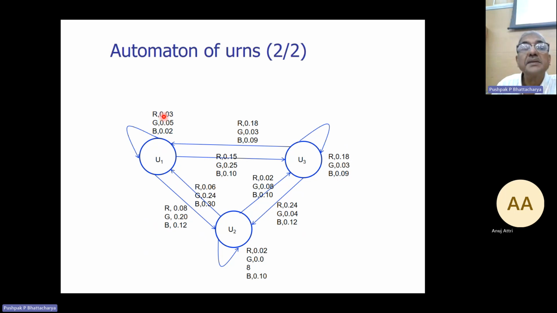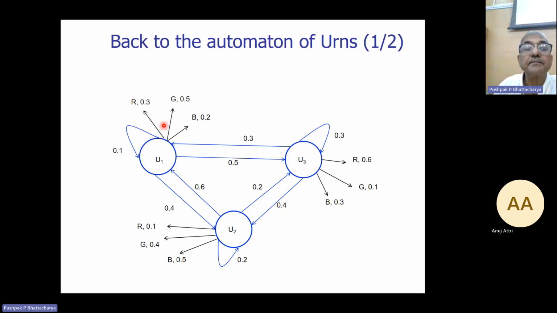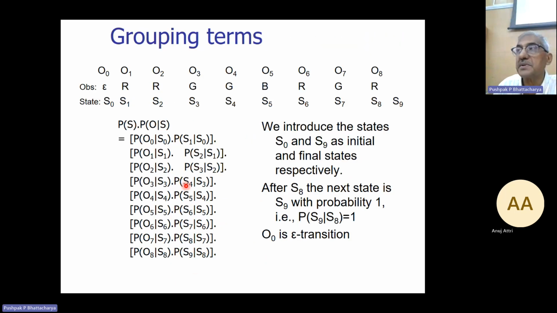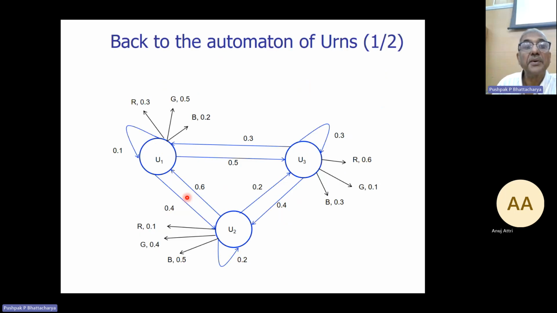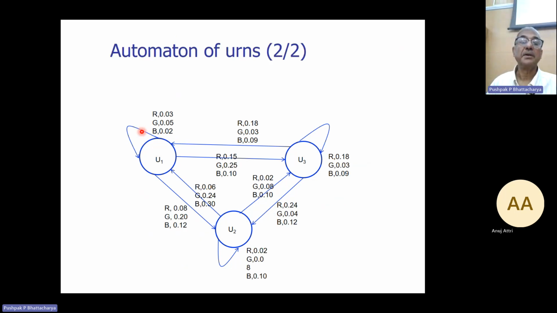And this product we can take because of this algebra, because of this grouping of terms. So an automaton which was explicitly showing transitions and observations is converted to another automaton, which is the joint probability of state transition and observation.